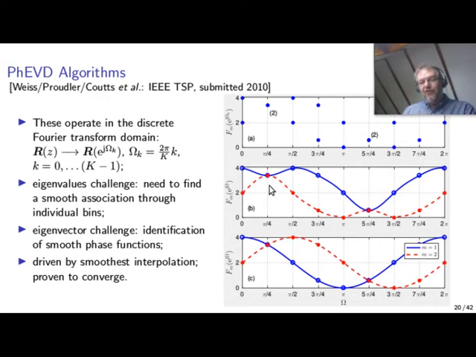So the first association would be a spectrally majorized one. At every frequency bin, we always assign the higher value to the blue function and the lower value to the red function. But we could also try to weave maximally smooth functions through this. And analytic functions are infinitely differentiable.